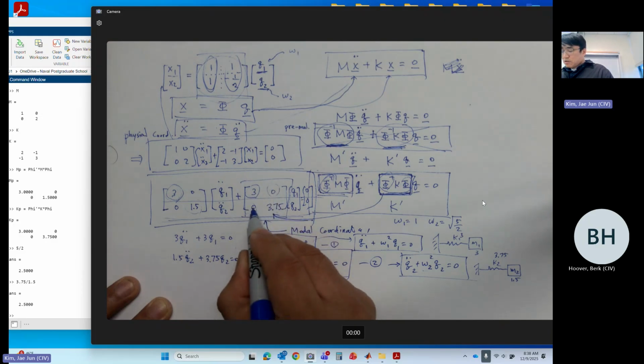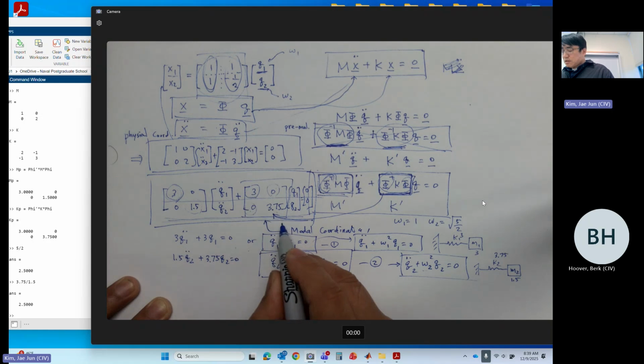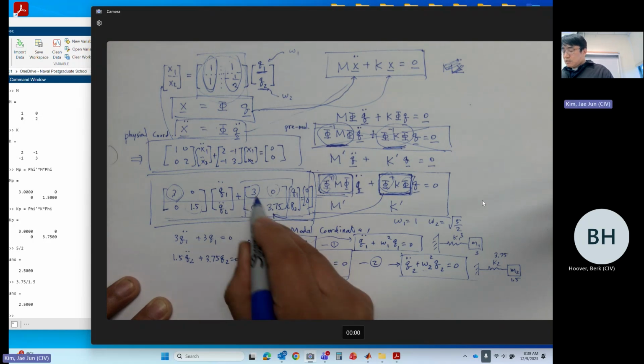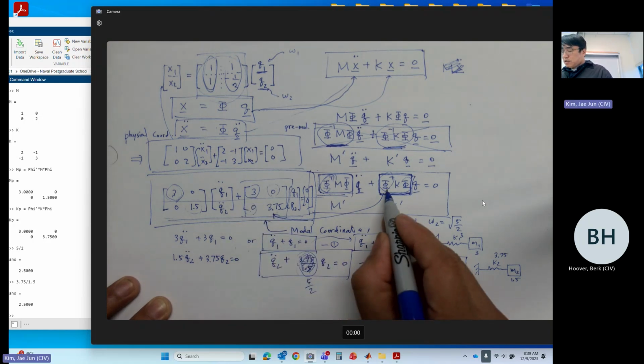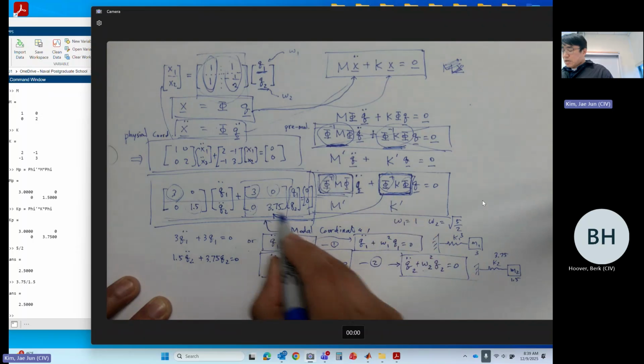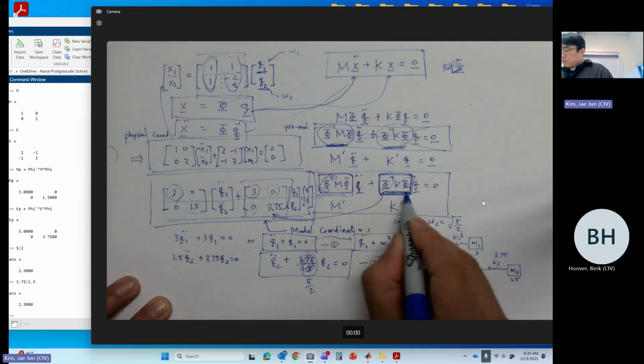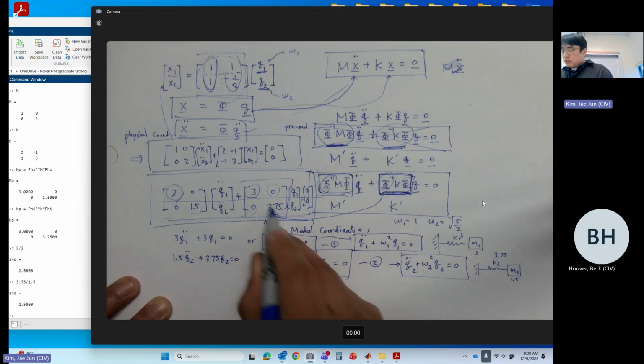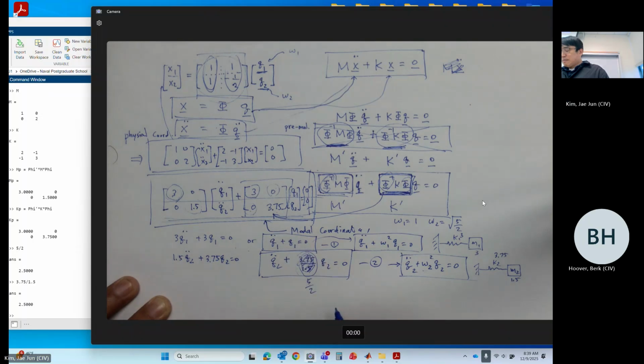You have zero terms at the off-diagonal. You only have diagonal terms. So that's the characteristic of mode shapes being orthogonal modes, so that this transformation results in an uncoupled system.